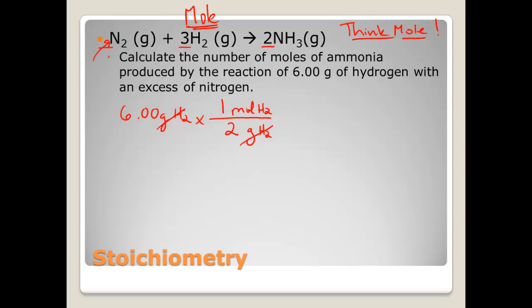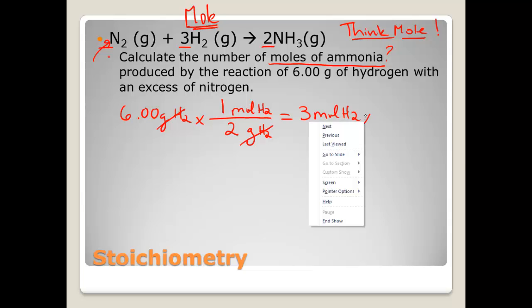But I don't want to know just moles of hydrogen. I want to know, with the number of moles of hydrogen that I now have, how many moles of ammonia I will produce. That's what we're trying to figure out. So we can see here that we get 3 moles of hydrogen.